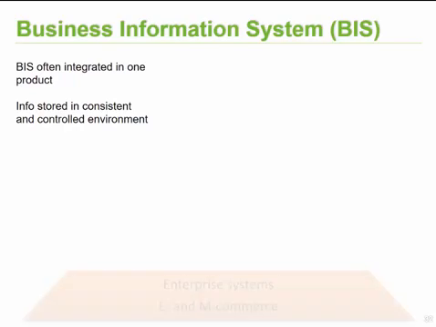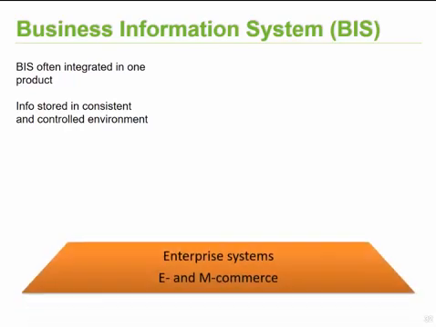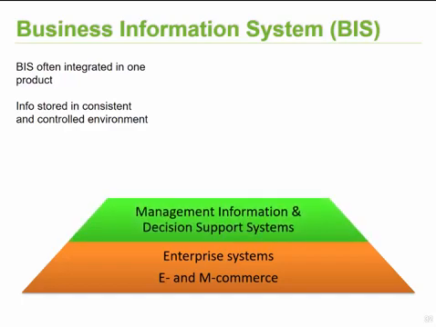At the bottom, we typically find the base of our pyramid to include systems that are going to be used quite a lot. These typically include your e-commerce and m-commerce systems as well as your enterprise systems. On the next level, we have more specialized systems, which would include our management information systems, as well as those systems that support or allow us to make better decisions.